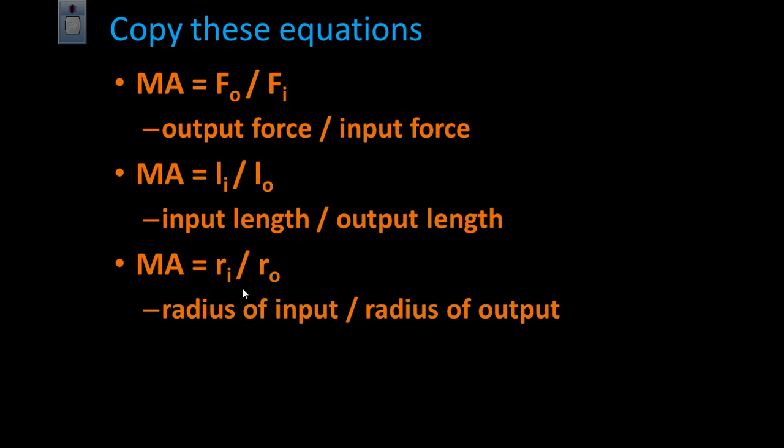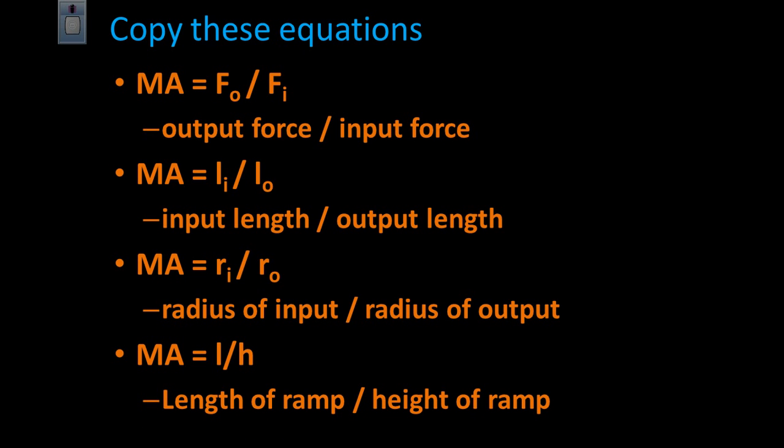What kind of simple machine is made of two circles? A wheel and axle, of course. And we also know that a wheel and axle is just kind of a modified lever. So if you're measuring length or radius, it's the same equation, just depending on which kind of lever you're using. A wheel and axle is a modified lever, or a standard bar lever.